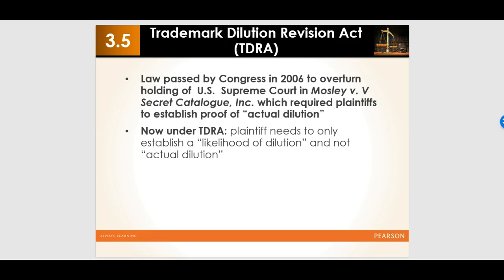So they would need to show in the real world, with surveys, with a lot of evidence, that the actual dilution took place for their trademark. And then the Congress of the United States passed a new law, which is this Trademark Dilution Revision Act, that changed or reversed this case law from the US Supreme Court.